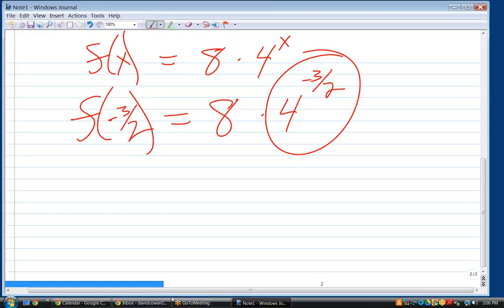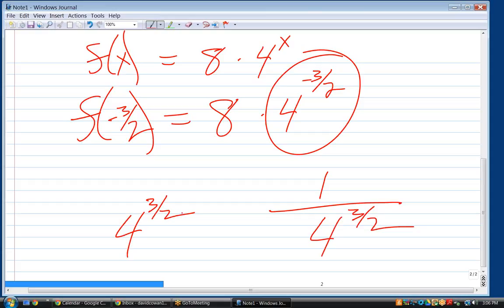Would it be 4 to the 5th? No, it's the reciprocal. Remember, negative exponents are reciprocal. So it means 1 over 4 to the 3/2. What is 4 to the 3/2 equal to? What's the square root of 4? 2.